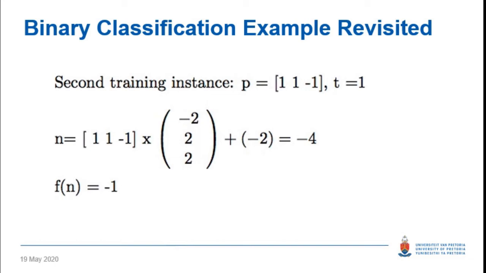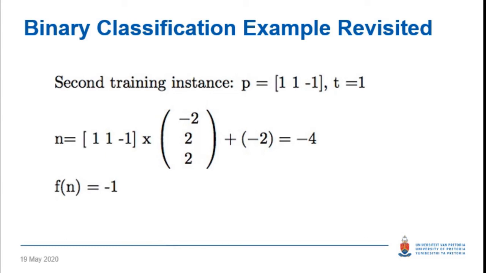If we perform the matrix multiplication and add the -2, we get a value of -4, because we've got 1 times -2 plus 1 times 2, so both those values cancel off and give you 0. Plus -1 times 2, which reduces to a scalar of -2, and we're adding -2 to that, so we get -4. Notice the way we do the multiplication, we're taking the inner product, so the dimensions on the inside must be the same.